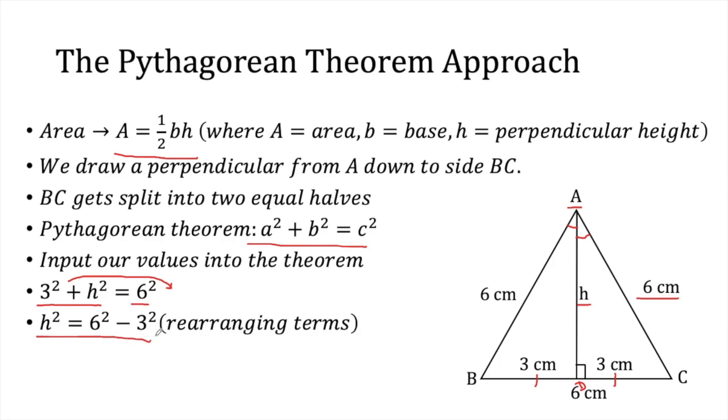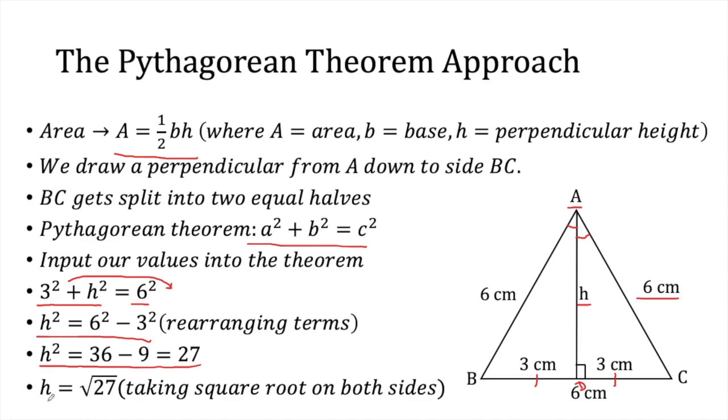We evaluate 6 square minus 3 square, and that comes out to be 27, which means that h square is equal to 27. Since h is being squared and the opposite of the square is taking the square root, we will take the square root on both sides and get h to be the square root of 27.